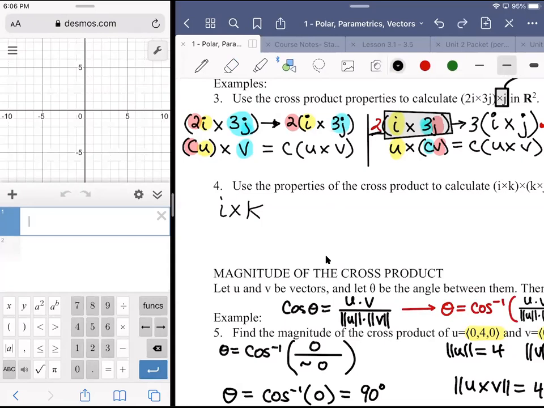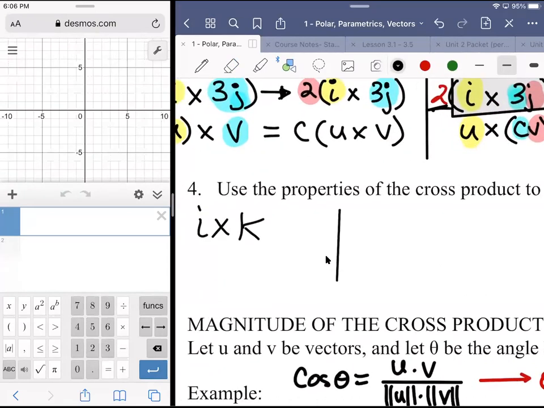I'll do a little bit better than that. For whatever reason, it just doesn't want to draw a straight line. I don't know why. I would freehand it.